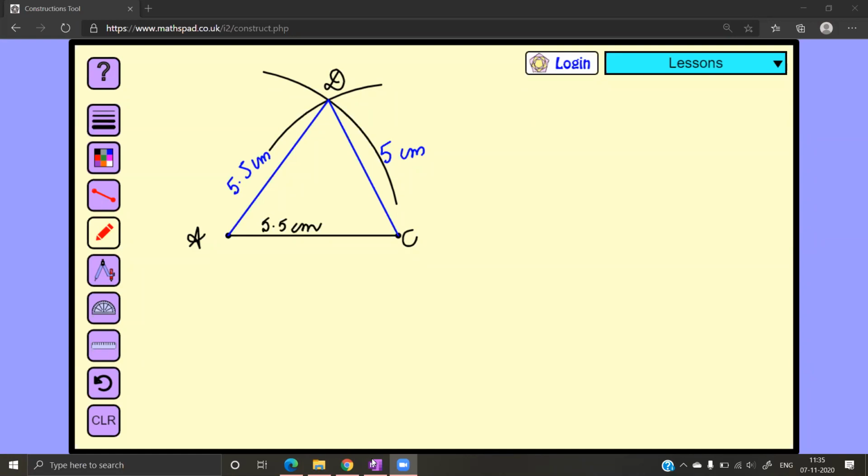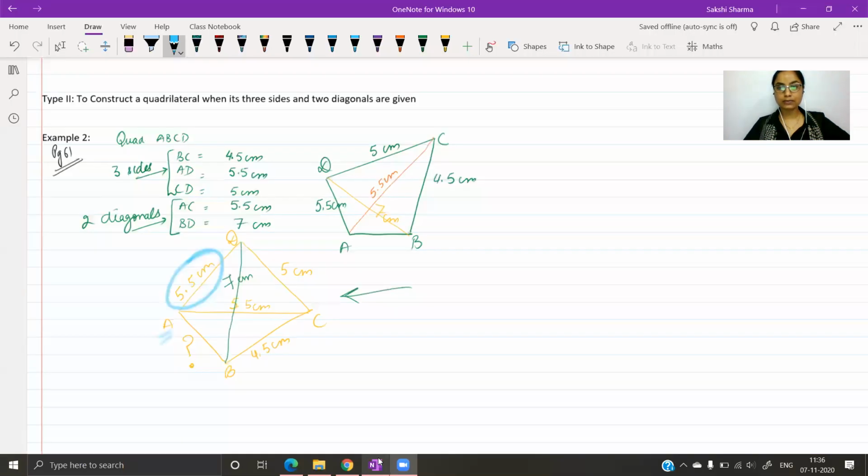Shall we do the next step? I would like to go back to the rough sketch. I want to now obtain this triangle on the bottom side below your diagonal.